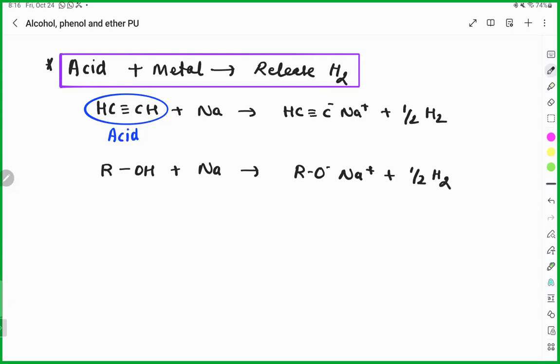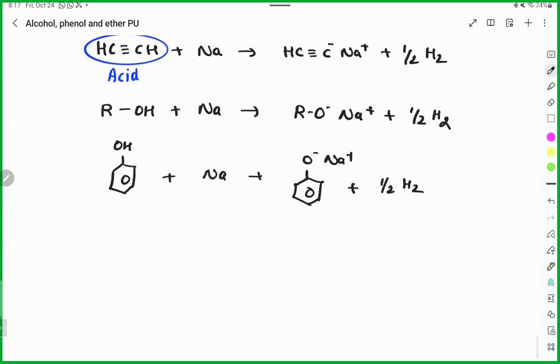Same way, phenol also reacts with sodium or another metal and produces phenoxide, O negative Na positive, and hydrogen gas, right? Make sense? So this is one method. Any acid reacting with metal producing hydrogen, we can justify that it is an acid.